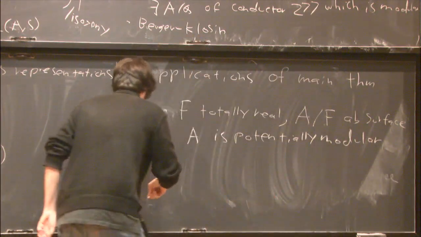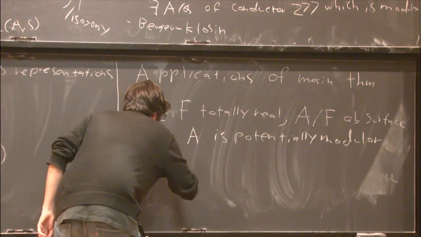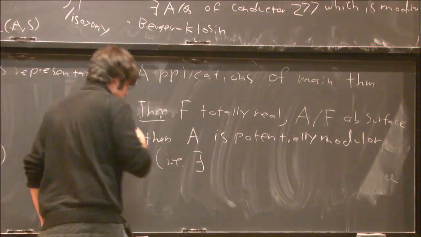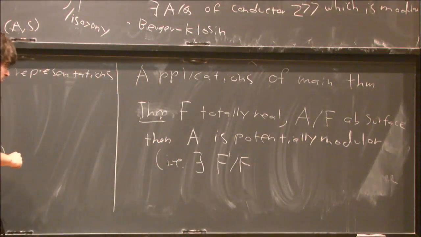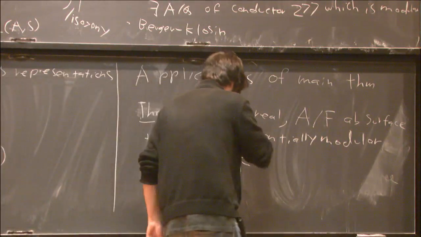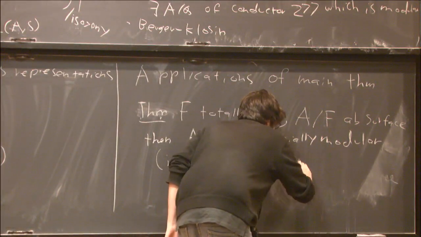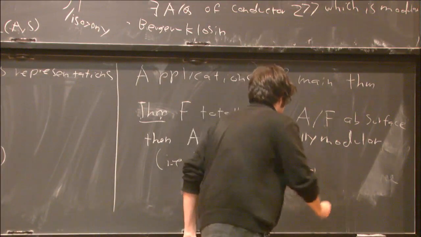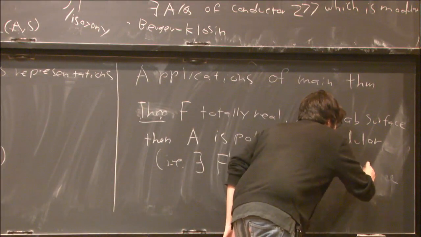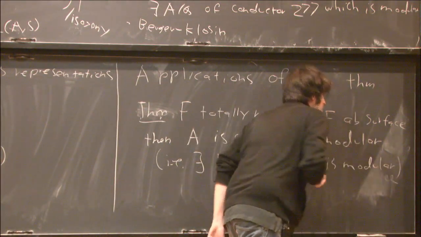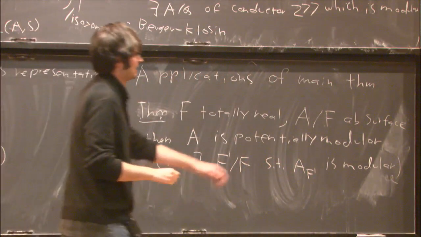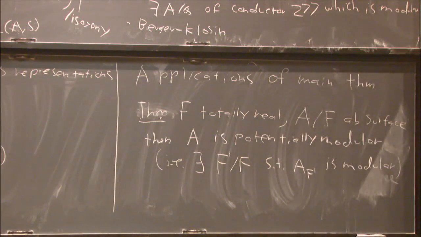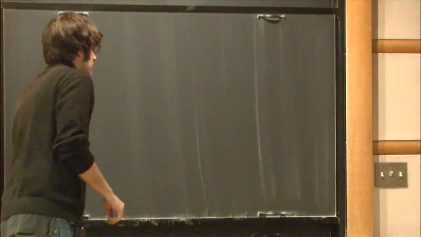Or in other words, there exists an extension F prime over F, probably non-solvable, such that A over F prime is modular. A potential modularity theorem like this has some kind of standard consequences, which I'll now recall.